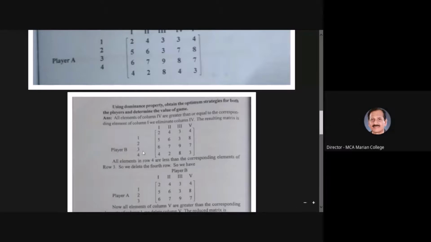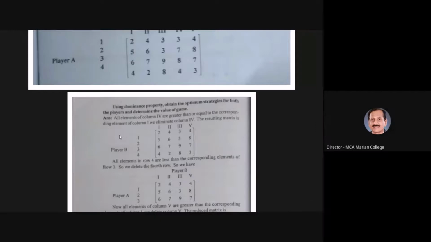The objective of player A is to maximize his profit. If he wants to maximize his profit, he has to choose the strategies in such a way that he will get the maximum gain.